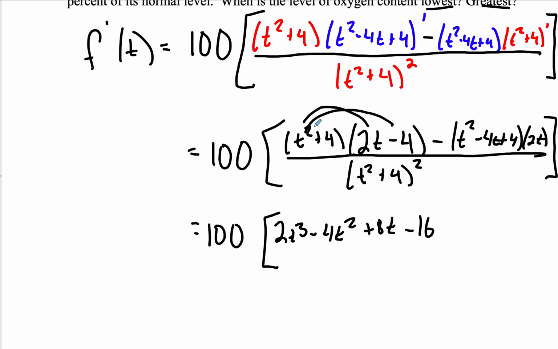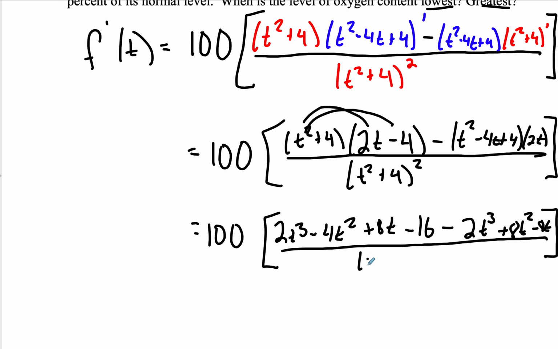So 2t cubed minus 4t squared plus 8t minus 16. Now I distribute the 2t: minus 2t cubed plus 8t squared, because that negative switches it to a plus. Now this is a minus 8t. Again, all over the bottom squared as is, (t squared plus 4) squared.